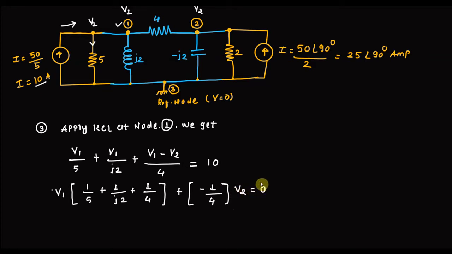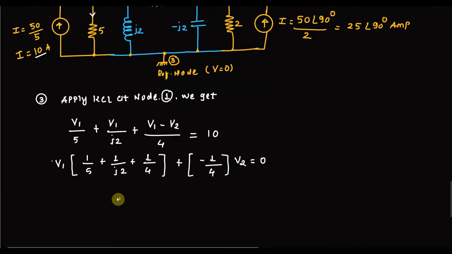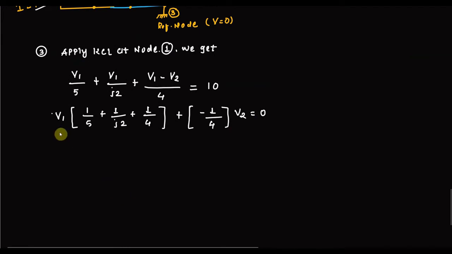As there are two unknowns, the equation will come in terms of V1 and V2. After that, you have to solve this.